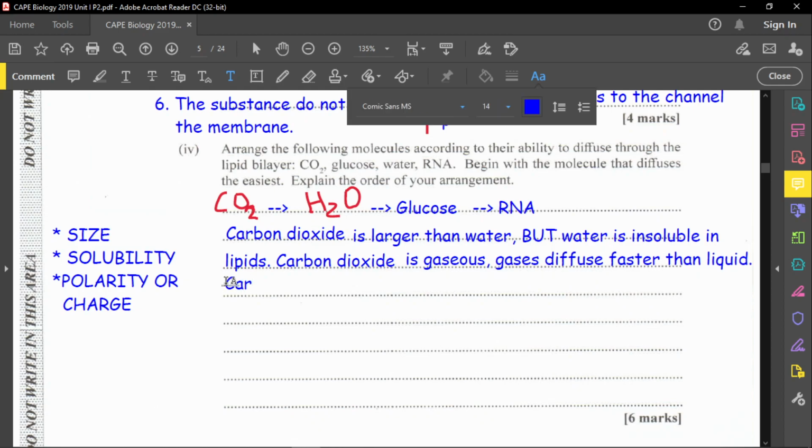Carbon dioxide is non-polar, okay, while water is polar. And again, polar substances do not do well with non-polar substances.